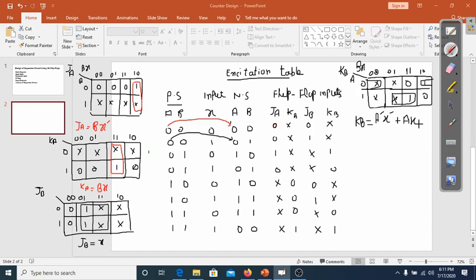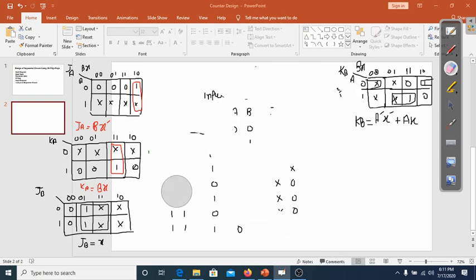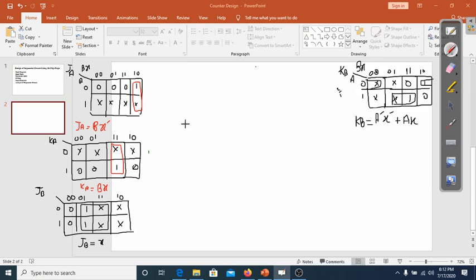Now let me draw the logic diagram. Let me erase this excitation table. So we have two JK flip-flops.